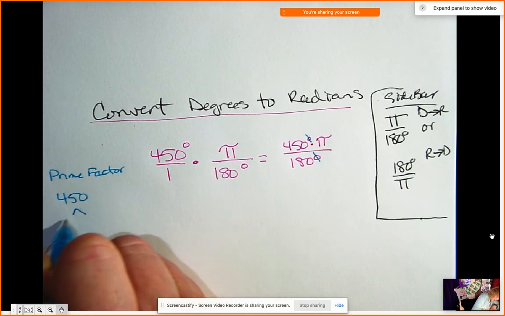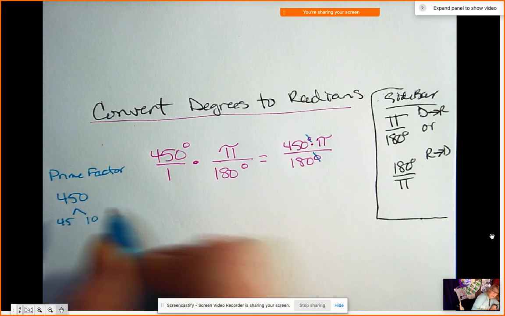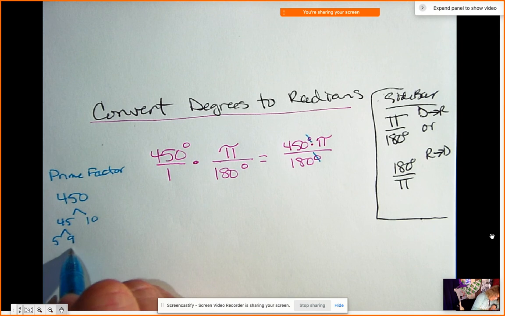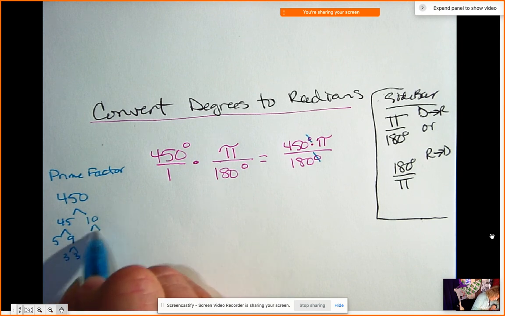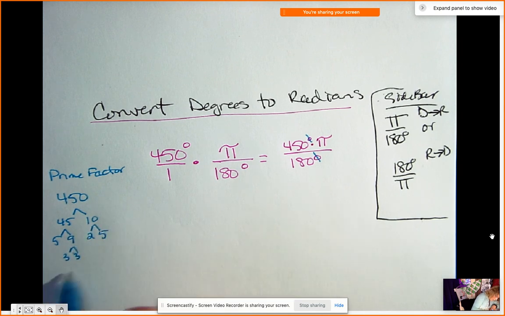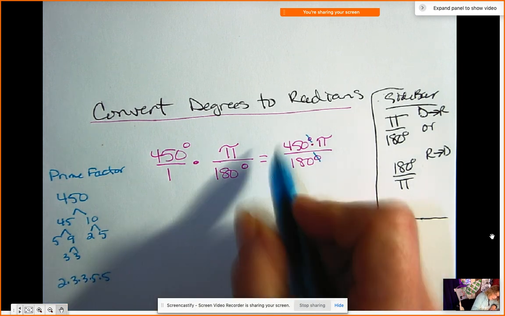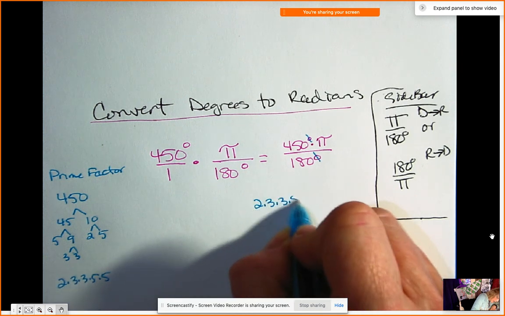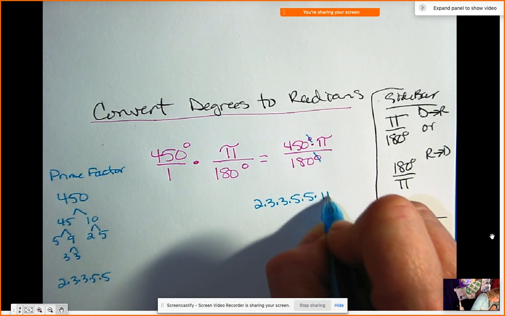I'm going to say it's 45 times 10 because that's the easiest for me, which is 5 times 9, which is 3 times 3, 2 times 5. So I can write 450 as 2 times 3 times 3 times 5 times 5. Don't forget the pi is still there.